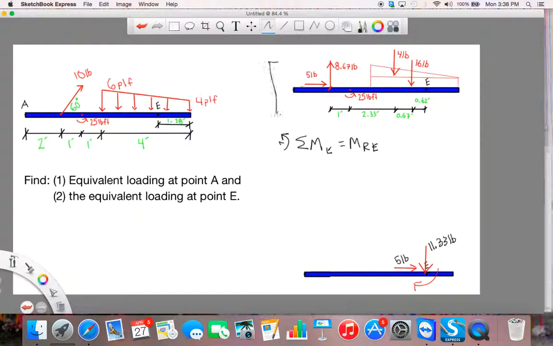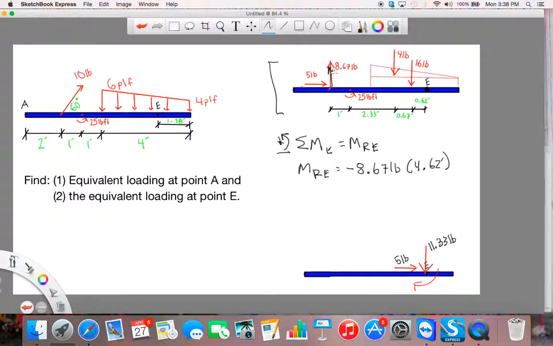So again, using our upper free body diagram, summing the moments about point E, using the right-hand rule, taking that to be positive, I end up with the moment resultant at E is minus 8.67 pounds times 4.62 feet.